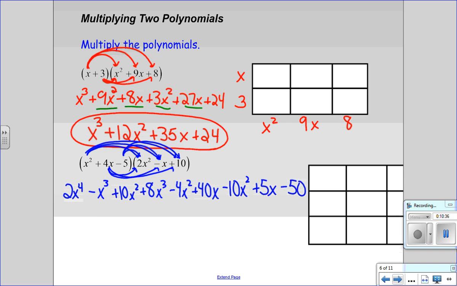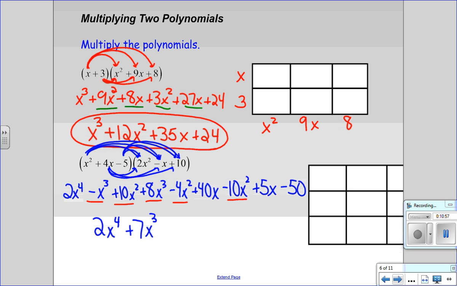And that's, I just carry that down. I don't have any other x to the 4ths. I now look for my x to the 3rds. I have 2 of them here that I'm going to combine. So I get plus 7x to the 3rd. When I combine my x squareds, here I have 3 of them.